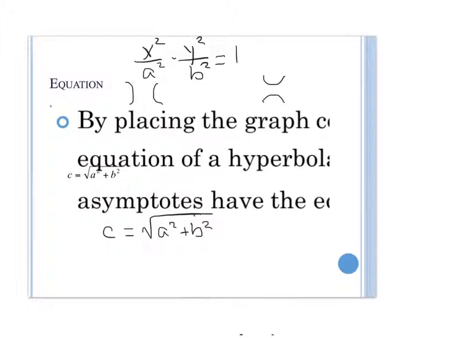The slope of the asymptotes is coming from the values of A and B. If the hyperbola is centered at the origin, the equation of our asymptote would literally be that slope times x.